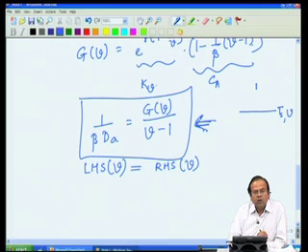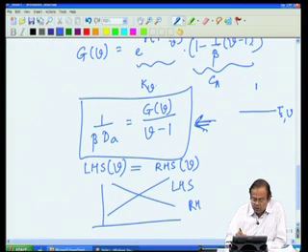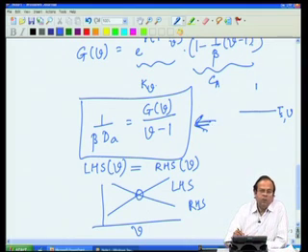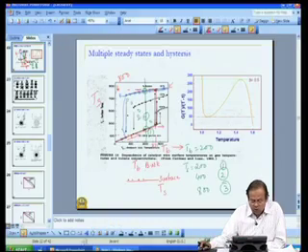The solution, LHS equal to RHS, must be the intersection point. We will apply the same logic to our energy balance and try to see how the solution emerges.